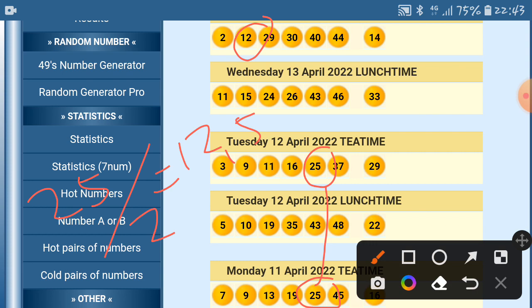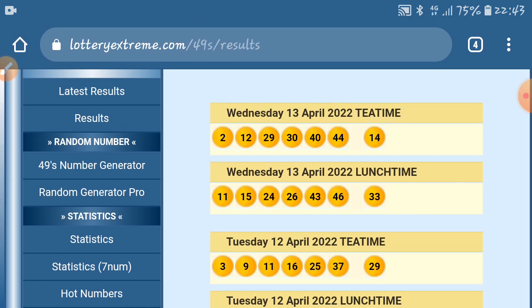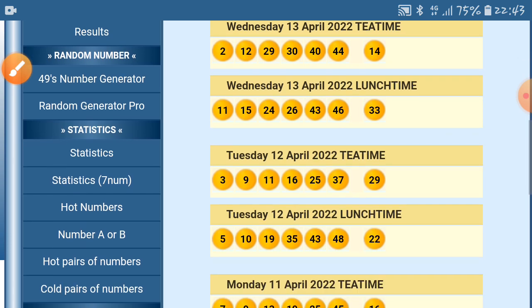There is 12 there. We could have played 13. The 13 is sitting there. So that gives us 12, right? Or if you add 1, you could have played 14.